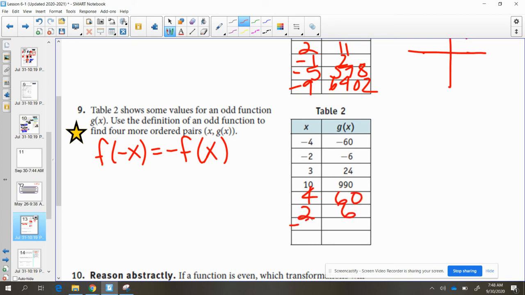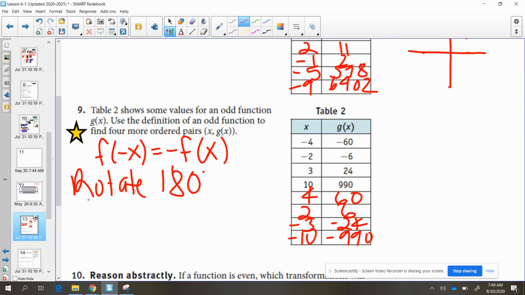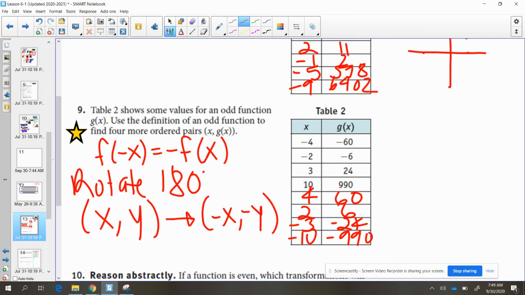So whatever signs they were, these now need to flip-flop to get that rotation of 180 degrees. So rotate 180 degrees, it turns into your x and your y values switching both of your signs. I know a lot of you have not seen this probably since geometry. That's what has to happen for this to be able to rotate and be true.